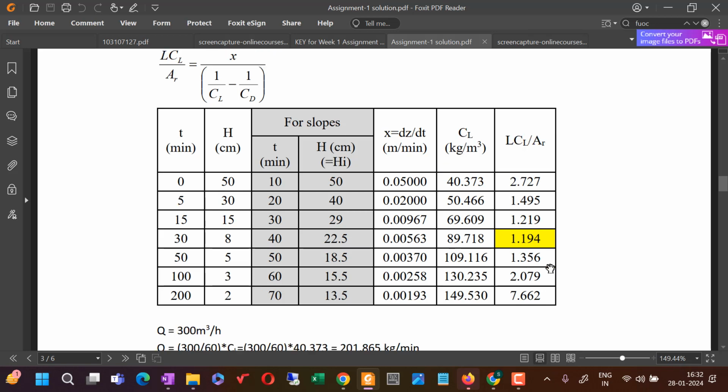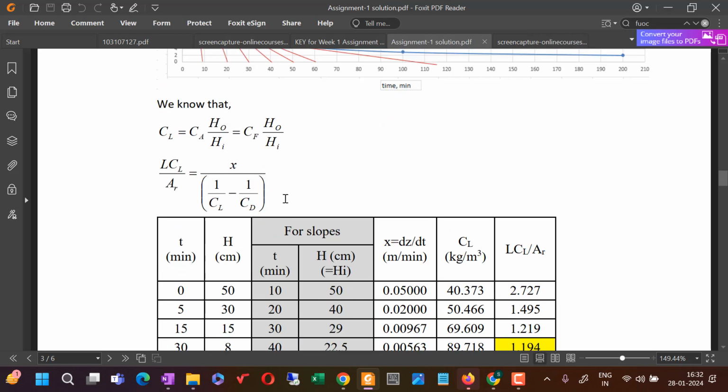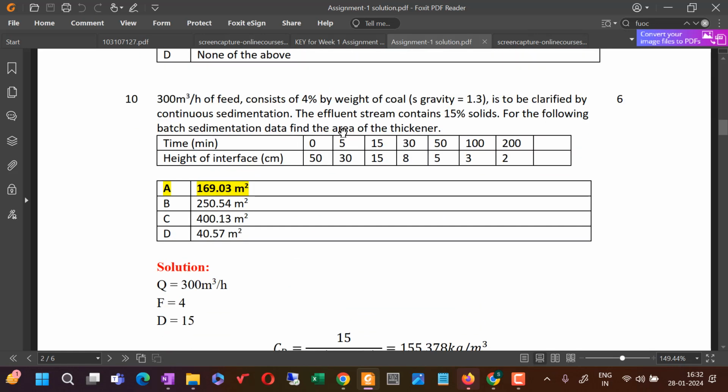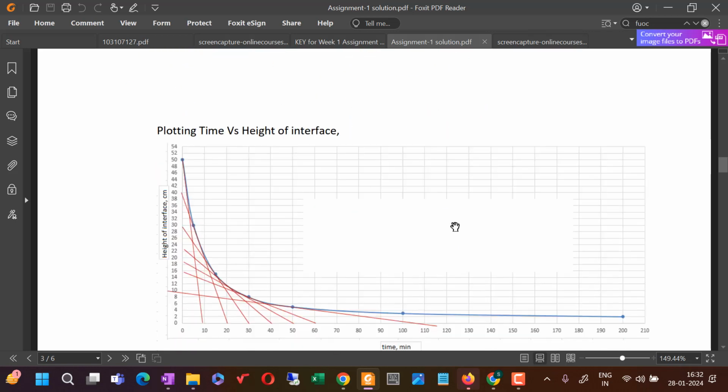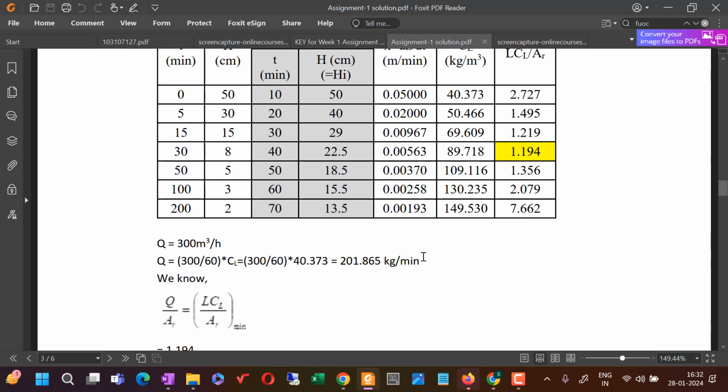And from here you see this Q is 300, and if you incorporate the various factors given here, at time 200 this is 20, and for the slopes they have taken the value to be 10, 20. This chart is very important. This will be much easier if you solve it in Excel.